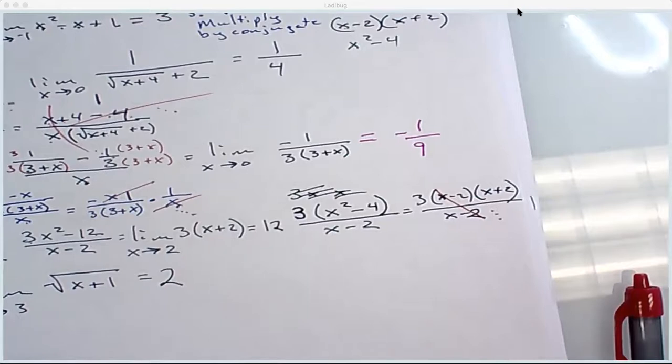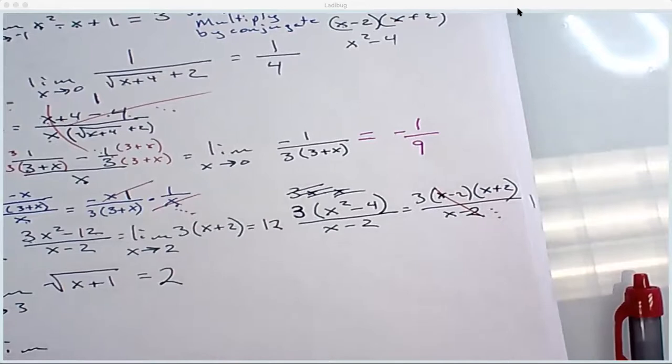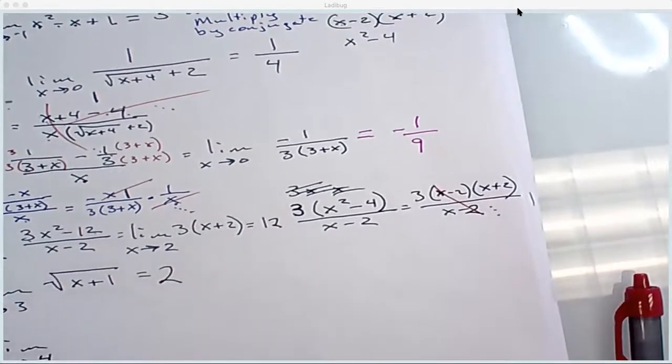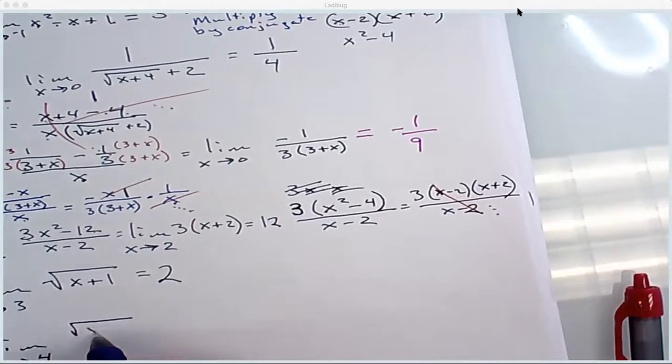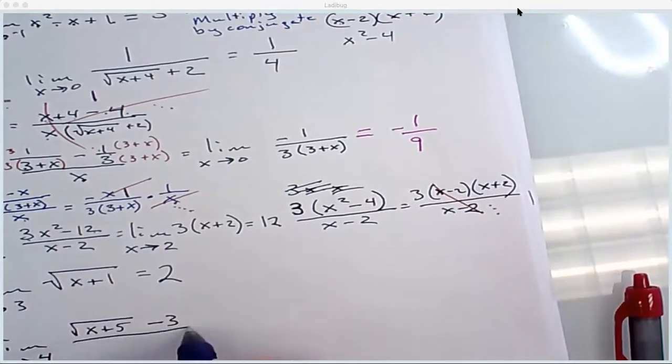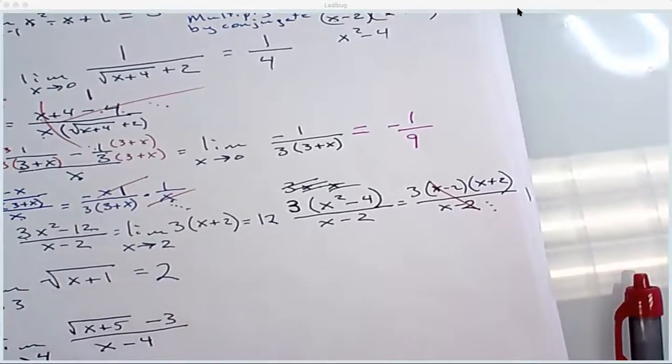Number 8. The limit as x approaches 4 of the square root of x plus 5 minus 3 over x minus 4. Zach Kozlowski, what should I do?